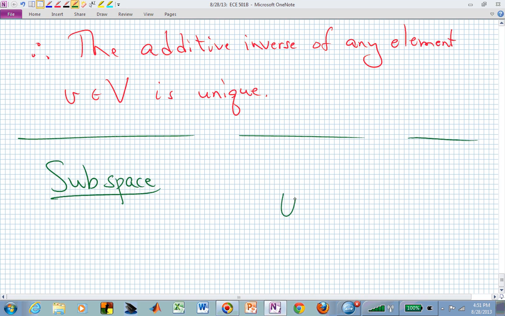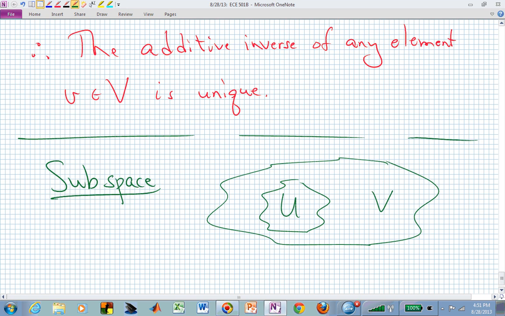If you just wanted to think of this as something you can picture, you might have this vector space, and inside of that is something that's also a vector space, but it's smaller in some sense. And that's a subspace. But U has to have all the properties of a vector space to be a subspace. I have a lot of spaces, subs going around, so make sure I say those in the right way at the right time.